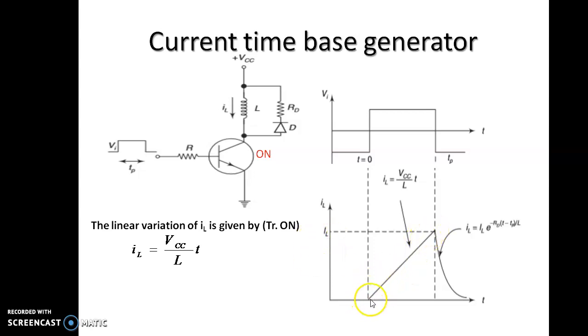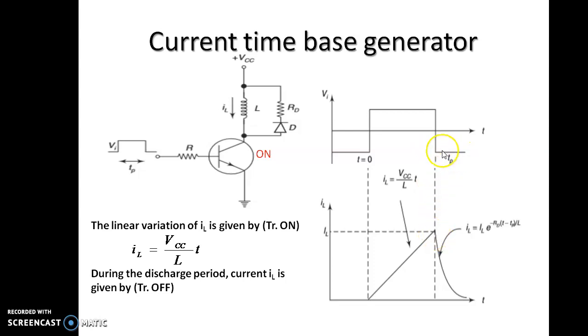The current linearly increases with time. During this sweep interval, the diode D remains reverse biased and does not conduct, because the voltage at this point will be higher compared to the voltage at this point in this condition, and hence the current through the inductor increases linearly with time, and the sweep terminates at T equal to Tp.